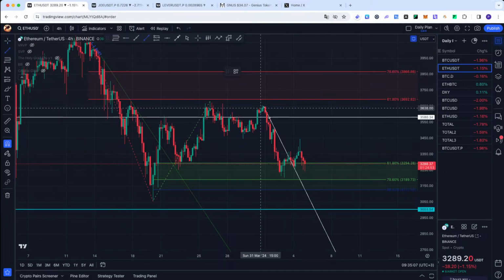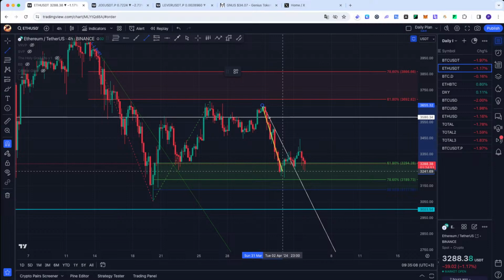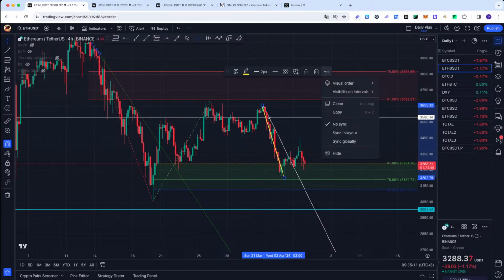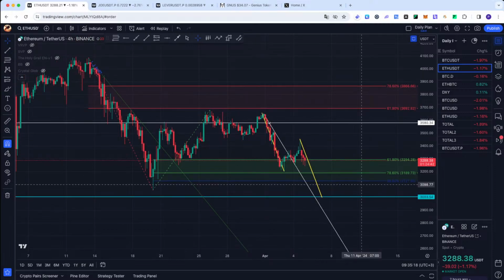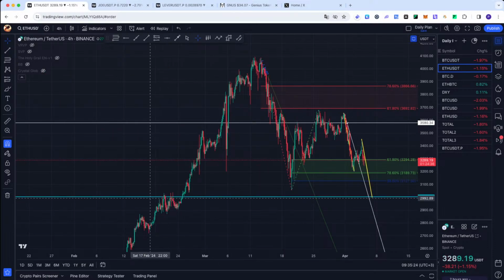Not impossible. If Bitcoin dumps again, that's even probable. What confluence do we have at the target? A big fat round number, and if you look left, support and resistance on a higher time frame. You can check that level.